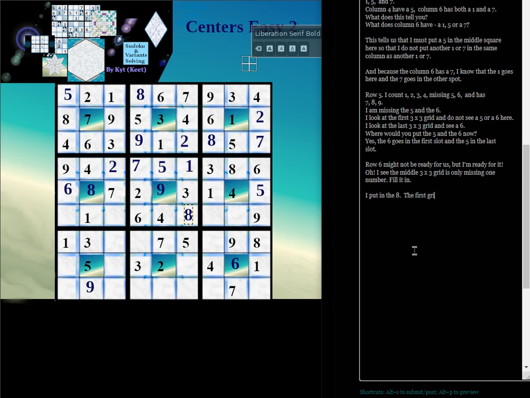The first grid is missing what numbers? Column 3 and 5 are missing. Do you know which column gets the 3 and which column gets the 5?